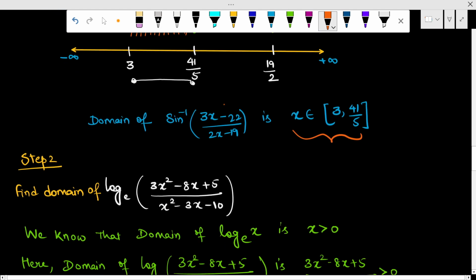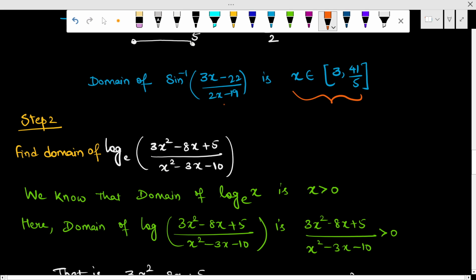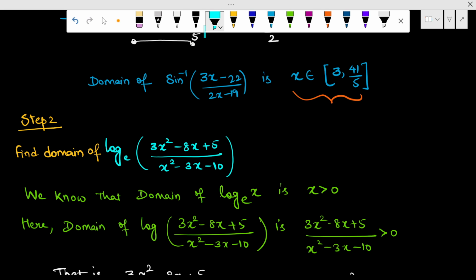Now what we need to do? Step 2, find the domain of log of (3x square minus 8x plus 5) by (x square minus 3x minus 10). We will find the domain of this, and then we will take the intersection of the domain of sine inverse x and the domain of log of this function, and then we will get our required domain, right?